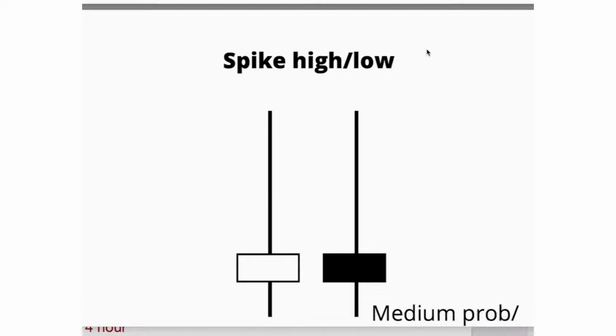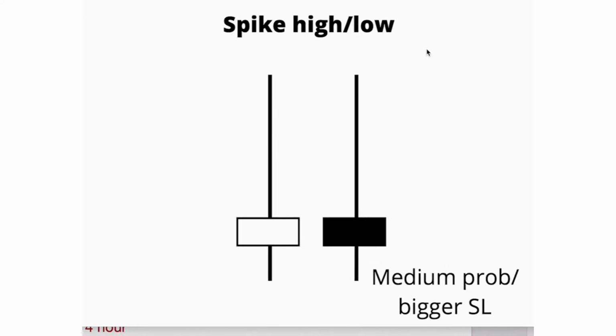Spike highs and lows. Well, I think this is a real medium type probability. It's not the best by any means, but it's not the worst. If you see a spike high like this, it doesn't matter if the body's bullish or bearish.